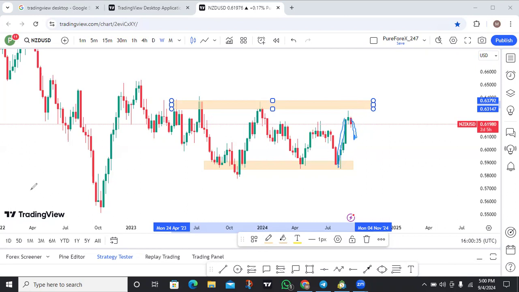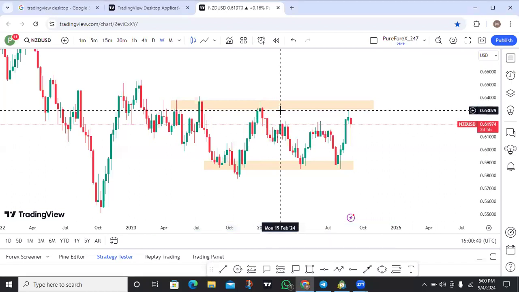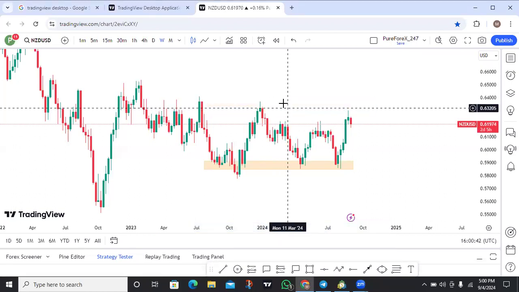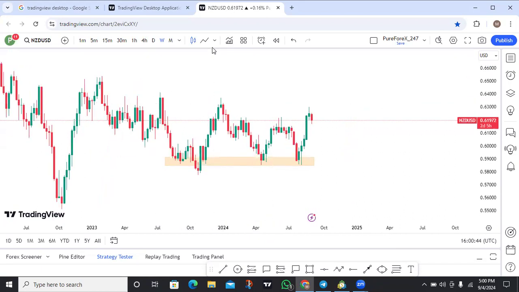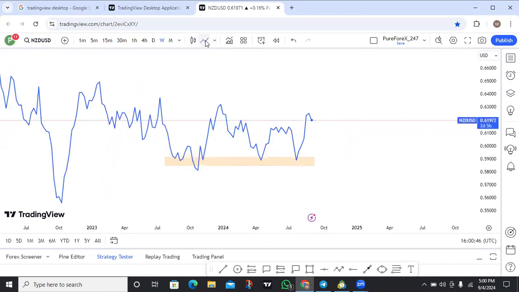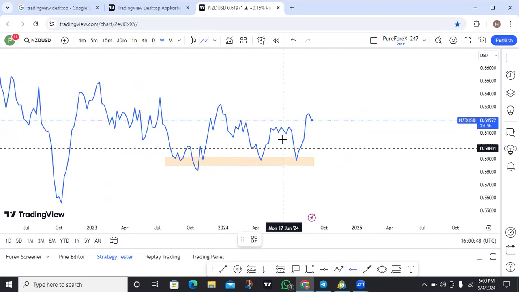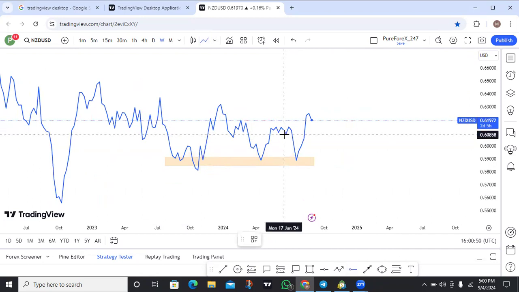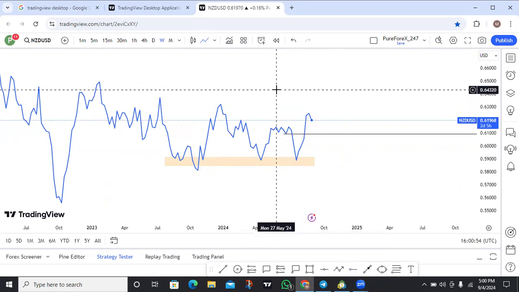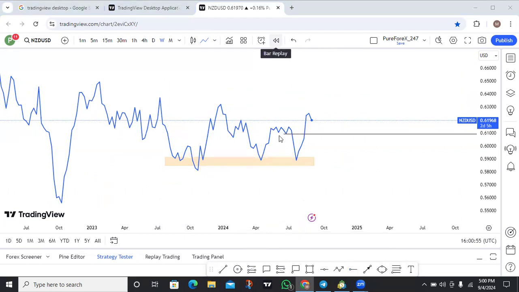So now I start looking at the Fantastic 5 in respect to this market structure. If you go to the line chart, you see that this is actually a Quasimodo here. Let me put a line there. So this is a low, right?